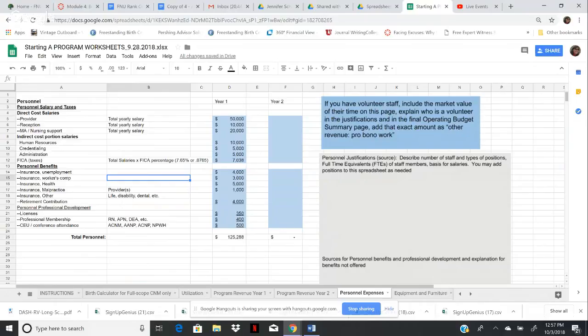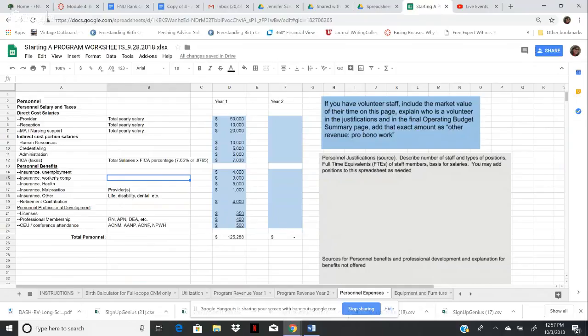And then the FICA tax is built in there for you to make that calculation based on your total personnel salaries. And then personnel benefits.